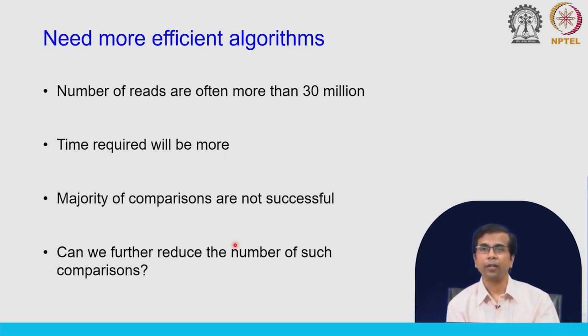We are doing these comparisons and most of them will not give any positive result, so we are spending a lot of time on unsuccessful comparisons. Can we reduce the number of such comparisons? If we can, then we can improve on time, focus on the successful comparisons, and get to the results much quicker.